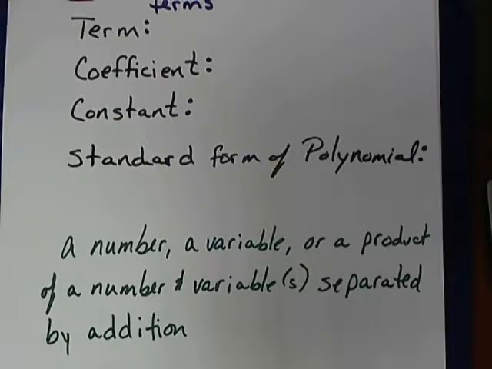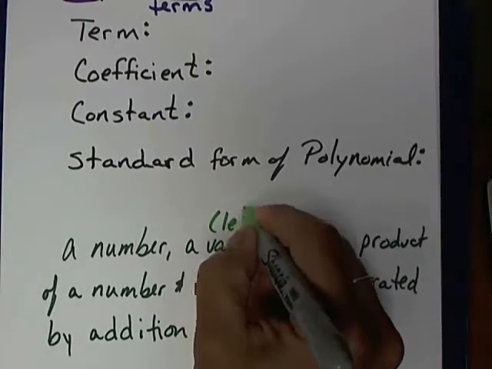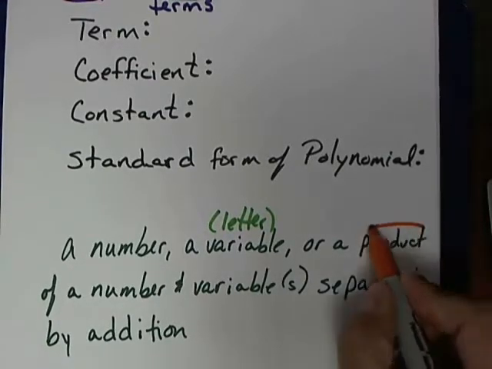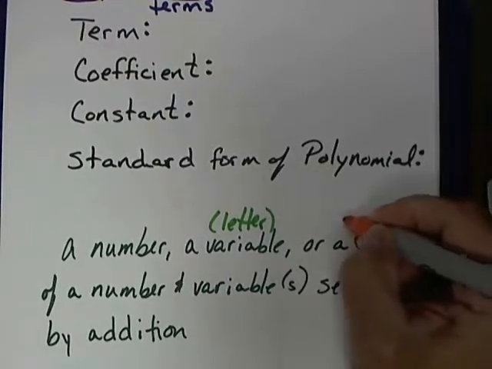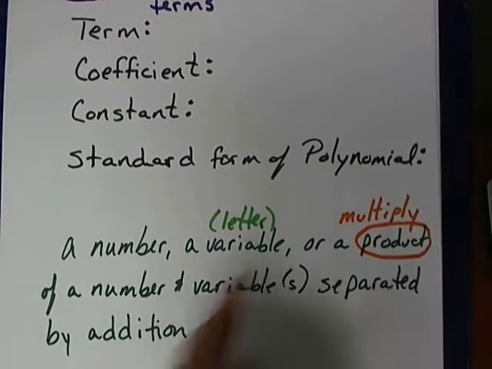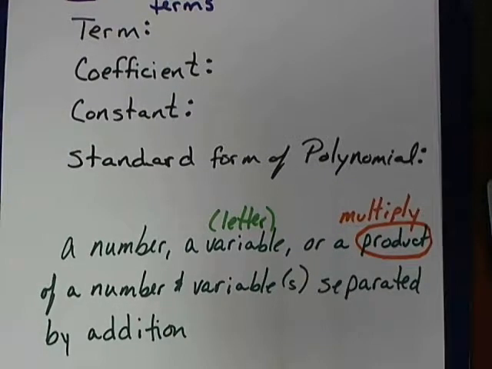A number, okay, we're good with that. A variable. Variable is just another way of saying a letter. Okay. A number or a letter or a product. Product, that's another weird one. Product means the answer to a multiplication. So we're going to be multiplying a number and variable, or variables, because you could put more than one variable together.